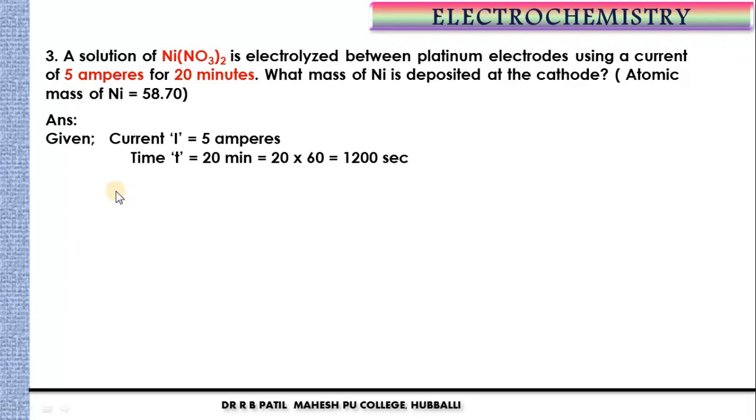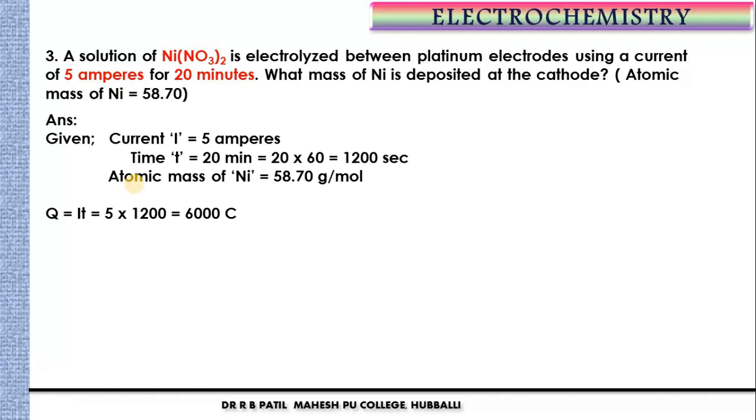So I can use the formula, or directly I can even calculate. So here Q is equal to I t. I is 5 amperes, t is 1200 seconds. So if I multiply, I am going to get 6000 coulombs.